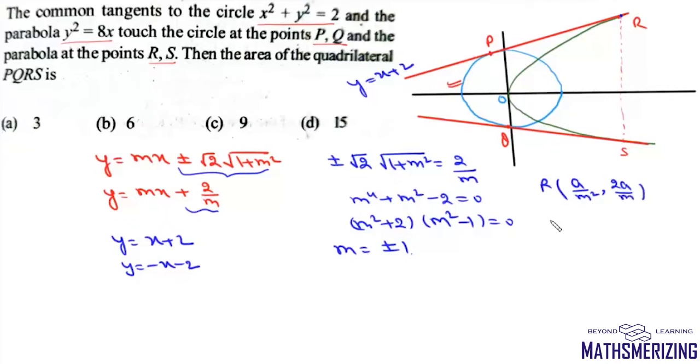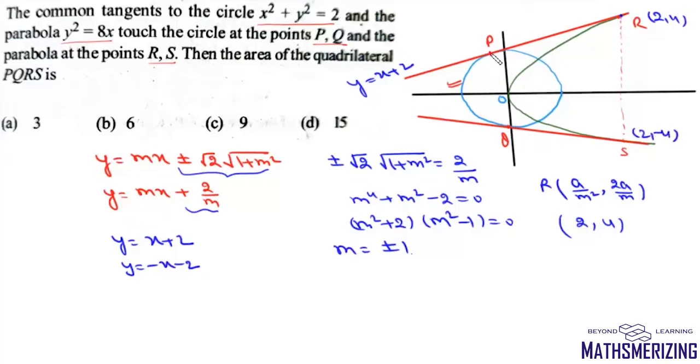So in this case, a is 2, so R will be 2 comma 4. And in the same way, for this point S, we'll put m as minus 1. Then we'll get this value as 2 comma minus 4.